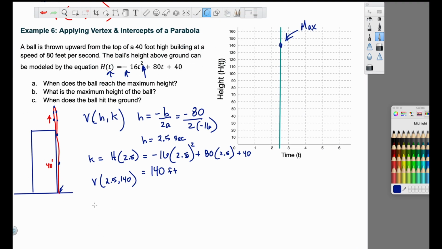So part A, the ball reaches the max height in t equals 2.5 seconds. And then B, the max height is 140.